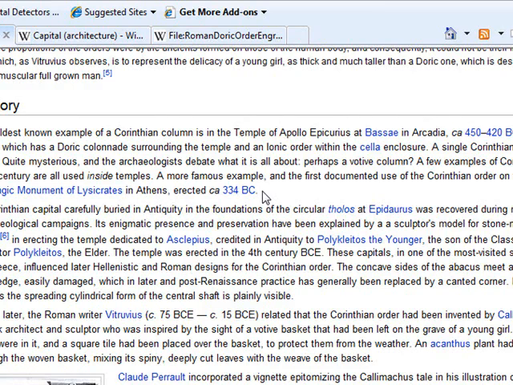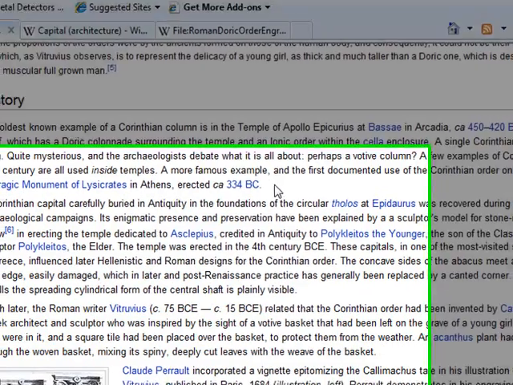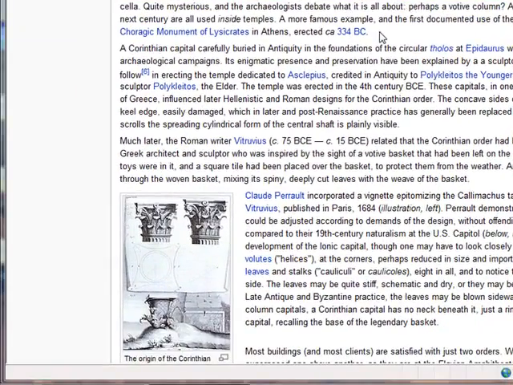So obviously, if the first use of these Corinthian capitals was in 334 BC, that would mean those buildings with Corinthian capitals would have to have been done any time after 334 BC. It's just common sense, basic math.